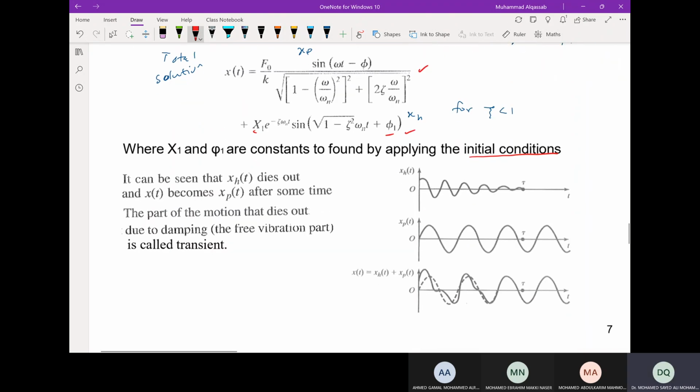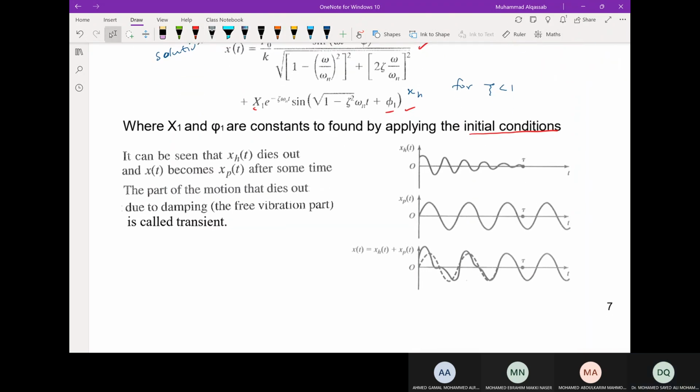If you have an underdamped system, or a damped system in general, the plot of the total solution is the summation of the transient, which is called homogeneous, and the particular. So when you add the two, you get the total. The plot of the homogeneous alone is decaying with time.